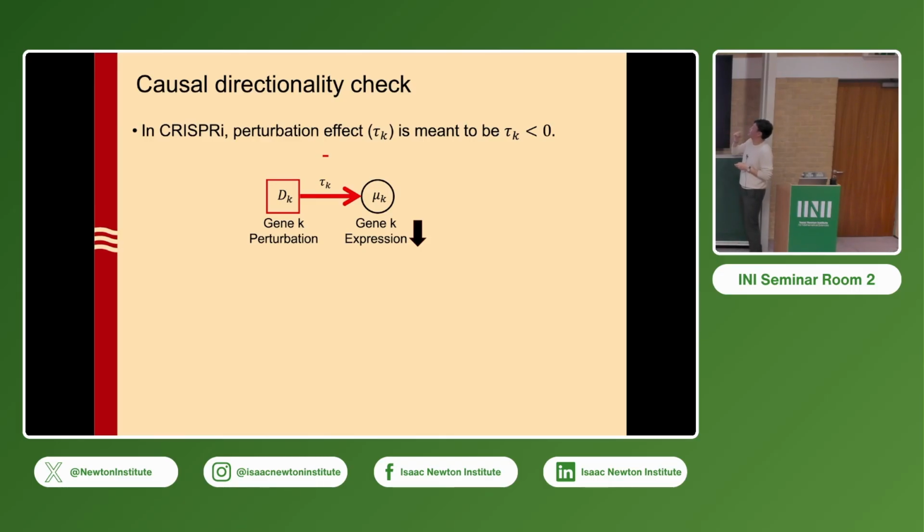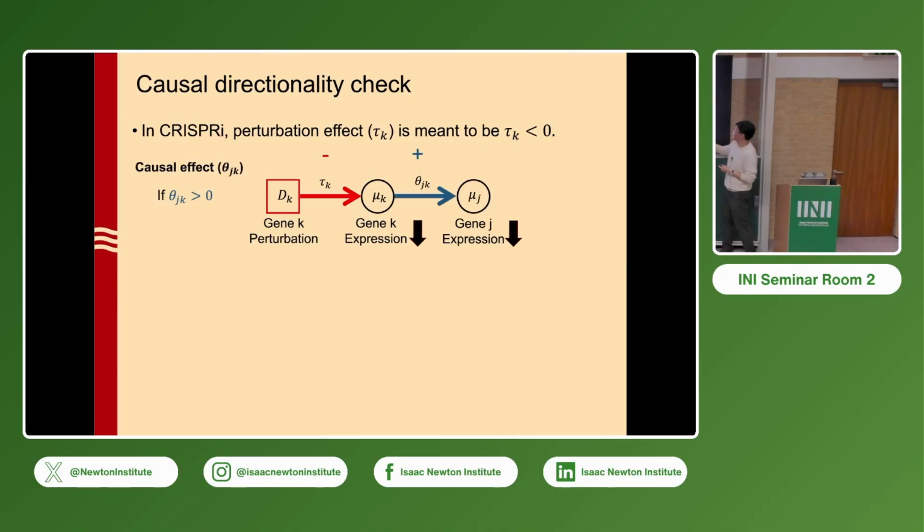So I want to show you the sanity check result. We wanted to check whether the coefficient theta that we learn is actually causal. In CRISPRi, what we intend to see is that the targeted gene's expression level decreases, right? That's the explanation I had in the beginning. Then if the causal effect between gene K and the child node gene J is positive, the intervention effect of gene K perturbation on mu J should be negative, because we are multiplying minus and plus signs.